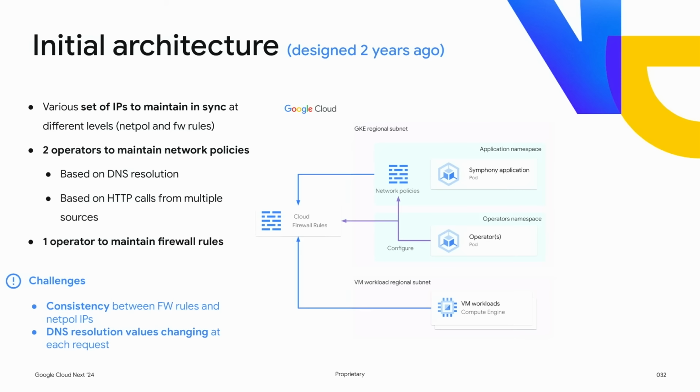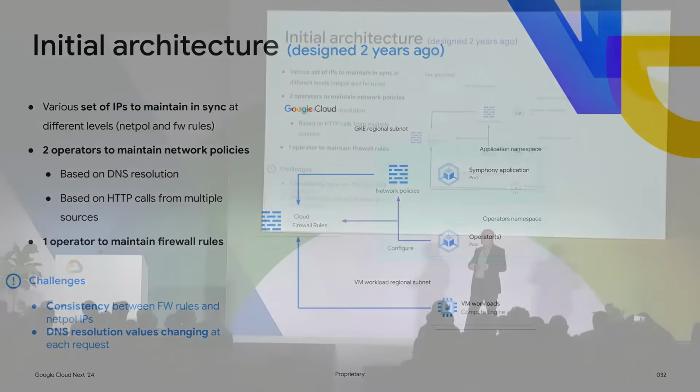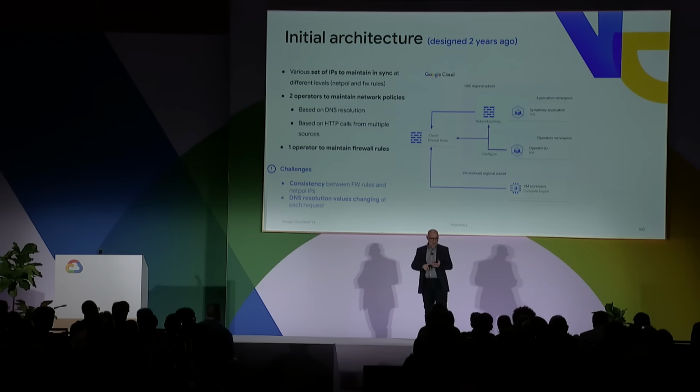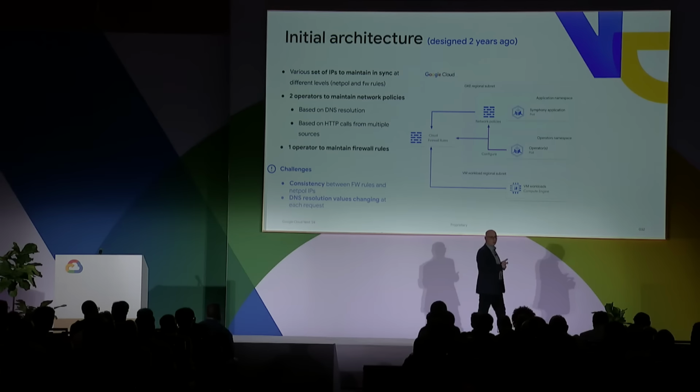So we had to maintain the network policies, the two operators and the firewalls. And guess what? You had to maintain the consistency between the firewall rules, the network policies, and all those IP addresses. So you have no logical isolation. You manipulate the raw IP addresses, and guess what? The IP addresses changed, and the DNS resolution time is longer than the time you take to make the change. So we cannot afford a solution which is so brittle for our outgoing traffic, and we don't want to have no control over the outgoing traffic.